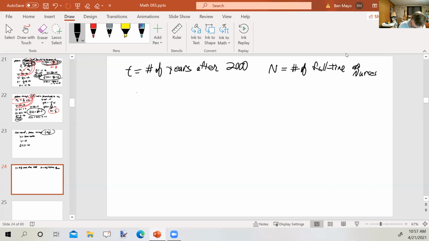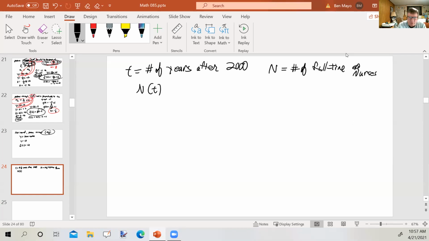Write a linear function N of T to model the demand for the nurses. So since T is on the inside of N of T, T is our input, so the time, the year, is the input. The number of nurses is the output, okay? So T is the input, N is the output.